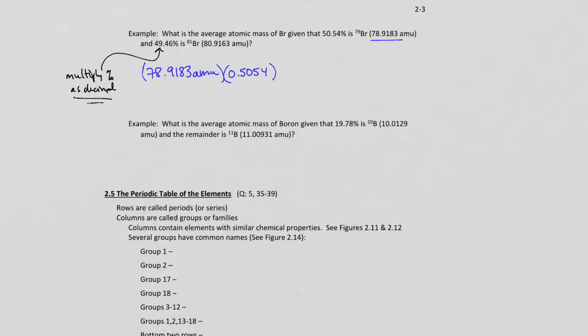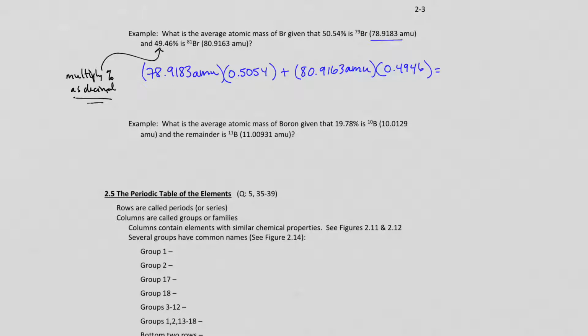Remember, just dividing by 100 converts that back. Plus 80.9163 AMU times 49.46%, or 0.4946.